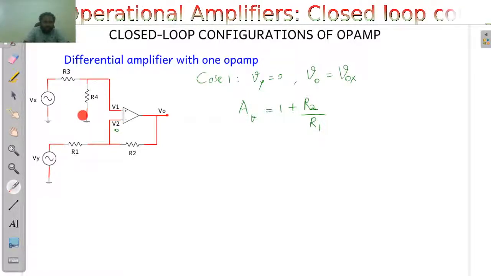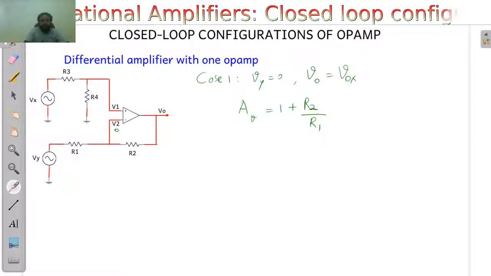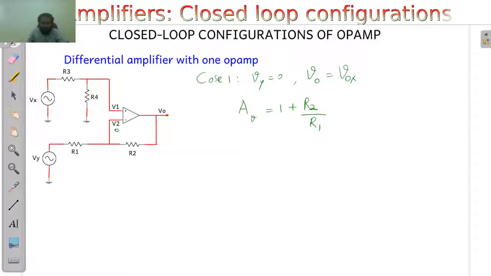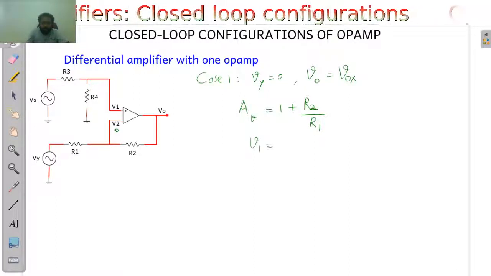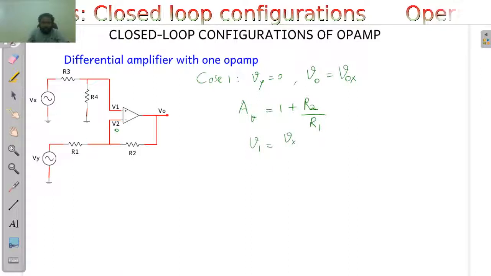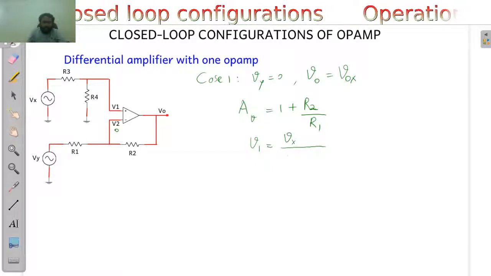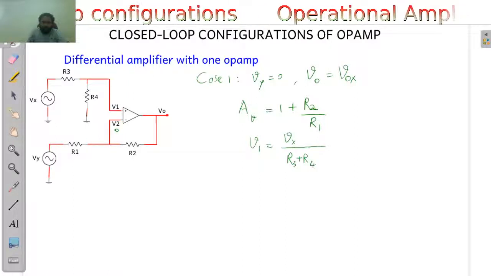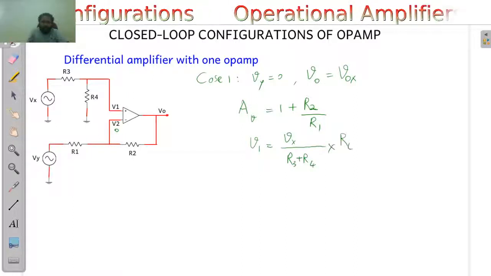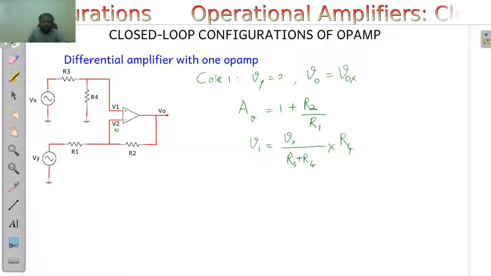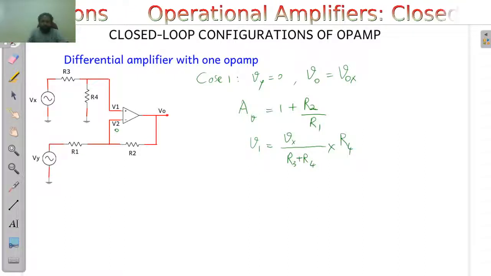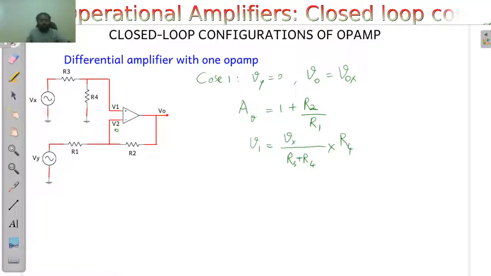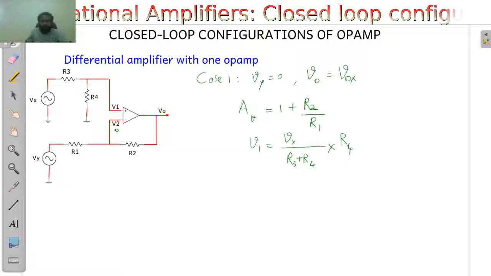That scaling is found by using the potential divider equation: the voltage at V1 is equal to the total voltage divided by the sum of resistances in the potential divider, R3 plus R4, times the resistance across which you feed V1. So that is the value here. This is V1 and our V2 is 0.